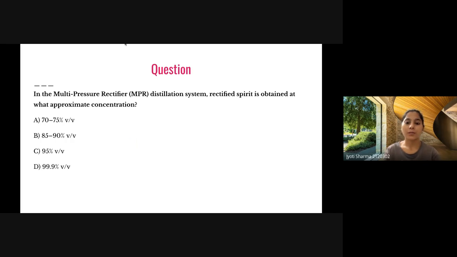Okay, so the next is the multi pressure rectifier distillation system. We have a specific type of distillation system, and that is known as MPR, multi pressure rectifier. Rectified spirit is obtained at what approximate concentration?